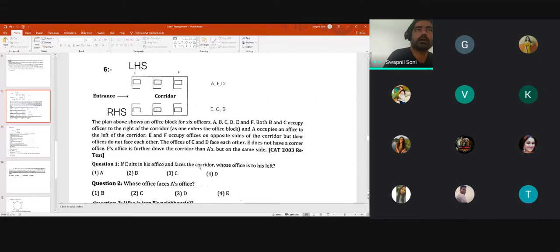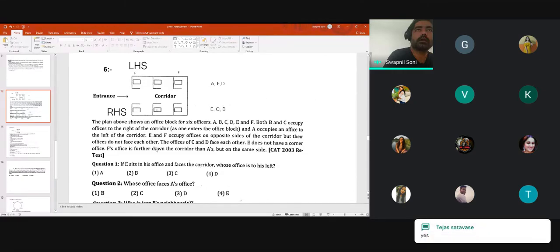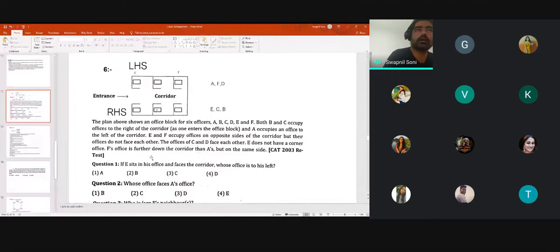But they are specifying very clearly that F's office is further down the corridor than A's, which means that A has to come before F. So F cannot take this position. This goes off. So now we clearly know that F is over here, E is over here. Now A can be this one or this one.